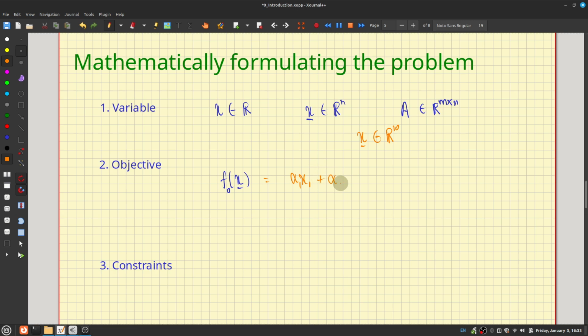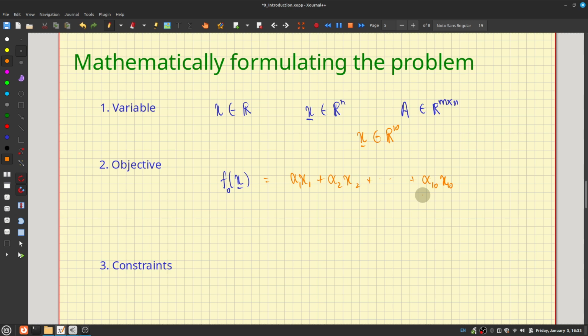And similarly alpha 2 x2 and so on, up to alpha 10 x10. So my objective function is essentially this linear function of the variables. Again, we're making some assumptions over here. It's perhaps a simplistic model, but it's something that I can precisely formulate.